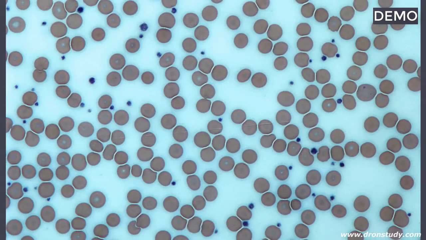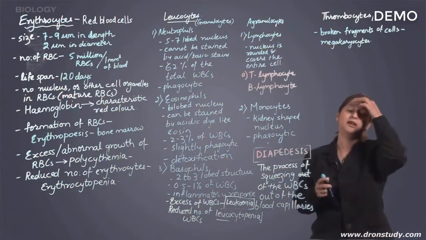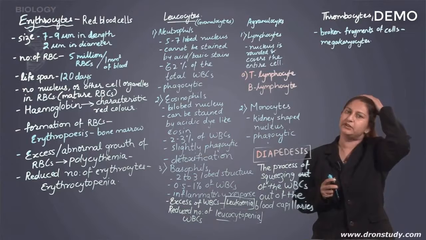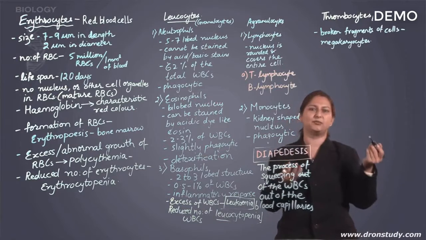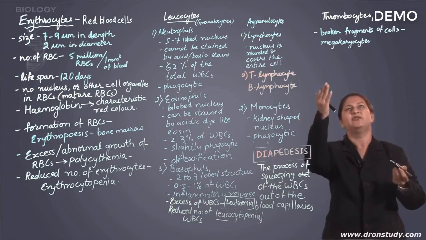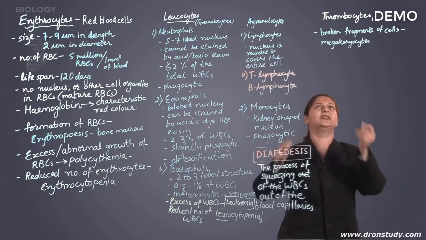Now you can see the structure of the blood platelets or the thrombocytes here, and you can see that they are just broken fragments, the components of bigger cells called megakaryocytes, which are produced in the bone marrow. Now their lifespan, since they are broken cell components, we do not have any nucleus or anything in that.